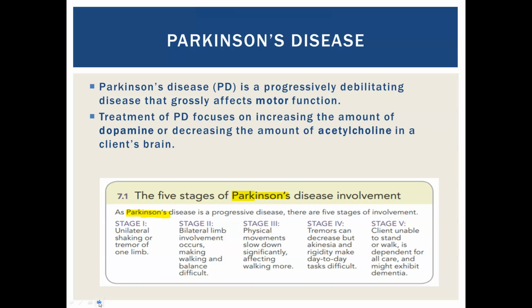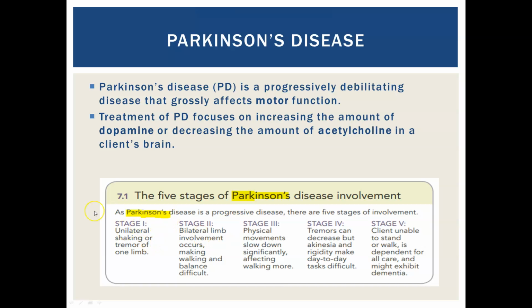So primarily, Parkinson's disease is going to focus on increasing the amount of dopamine or decreasing the amount of acetylcholine. And we're going to use our anticholinergic medications to decrease acetylcholine. So you do have the 5 stages.